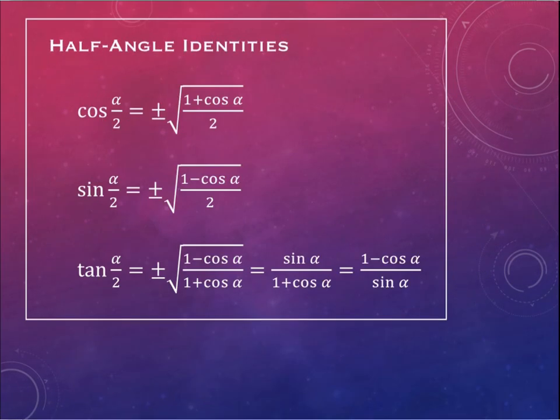We have one more set of identities. They're half angle identities. And I think they're probably the ugliest ones that we have because of 2 reasons. Number 1 is the square root. But number 2 is that there's a plus or a minus in front of them. And you might be thinking, well, why is there a plus or a minus? And the reality is because when you half an angle, sometimes it changes it from a positive trig value to a negative trig value.